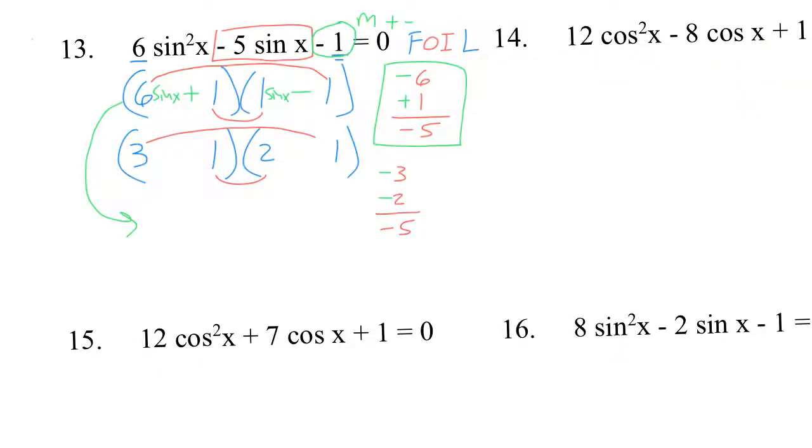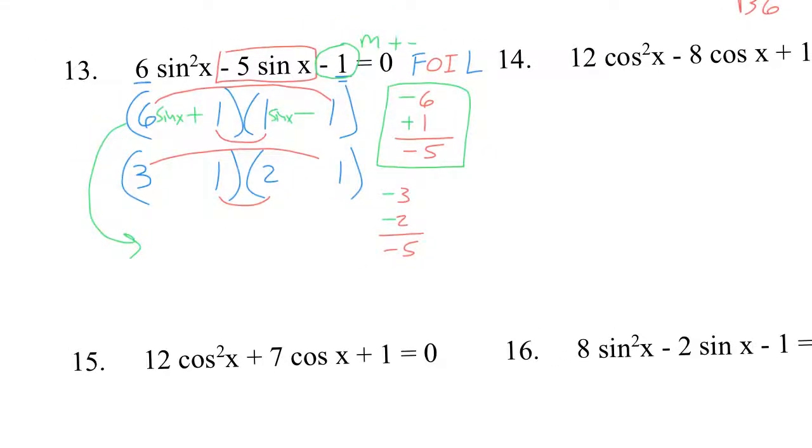So we take each factor and try to set each factor equal to 0. I think you will reach a point on this that says the sine of x equals negative 1/6. And you'll reach a point on this one that says the sine of x equals 1.